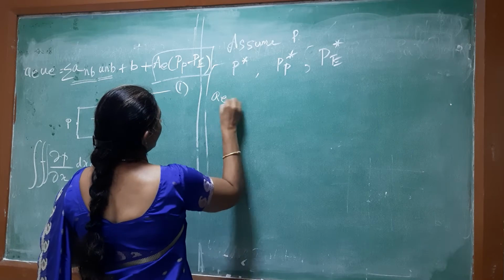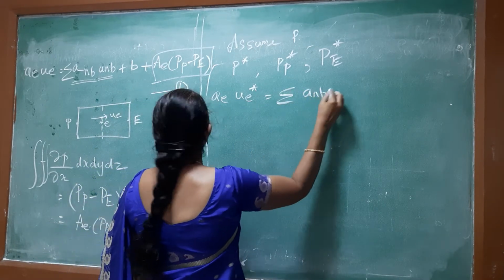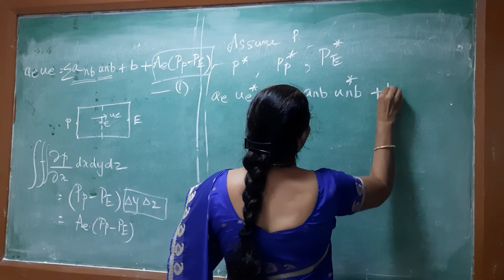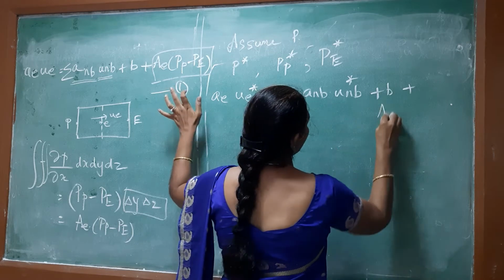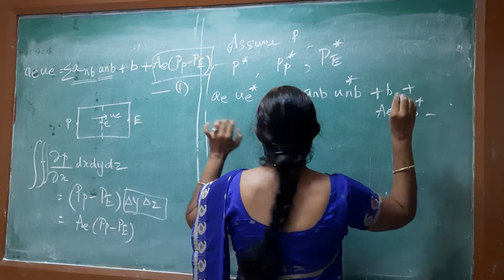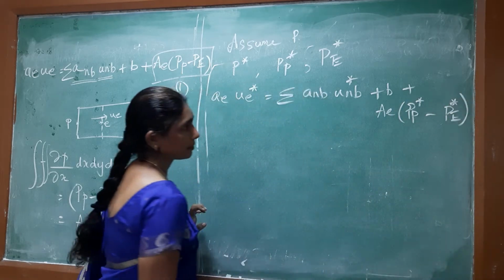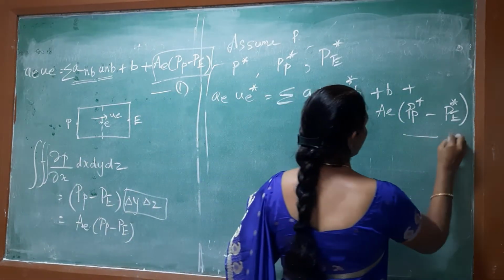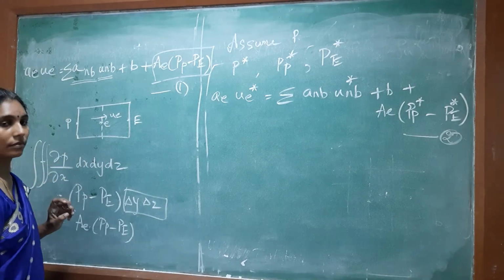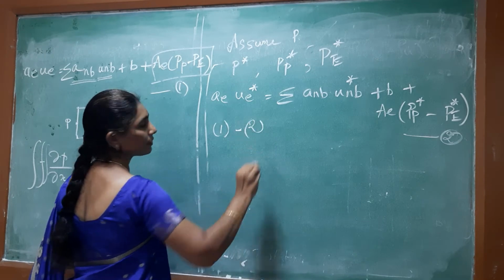So this will be AE UE star equals sigma ANB UNB star plus B plus AE into PP star minus PE star. This will be my second equation, right? Now we will subtract the second equation from the first equation.